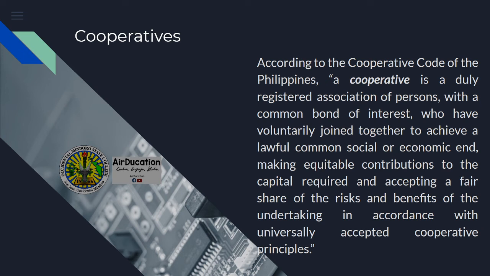In short, all those people with common interests, just like farmers, teachers, policemen, anyone who has common interests to establish a business, is called a cooperative.